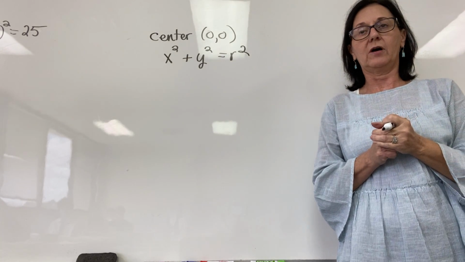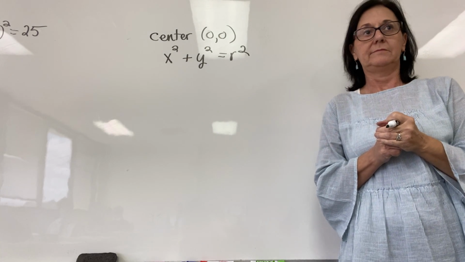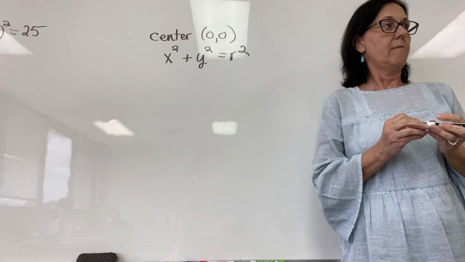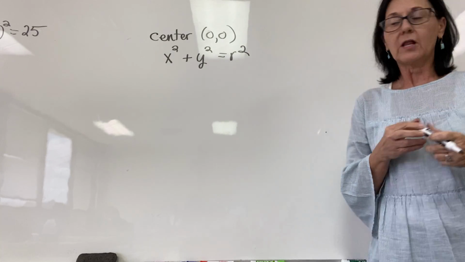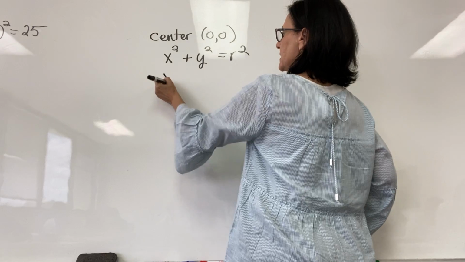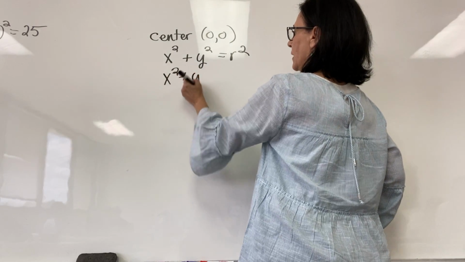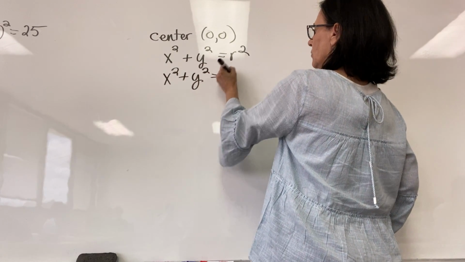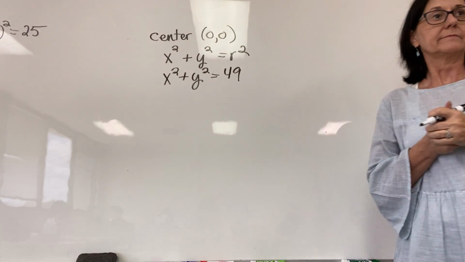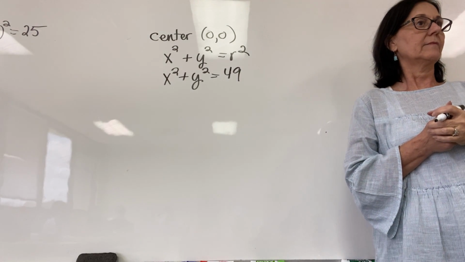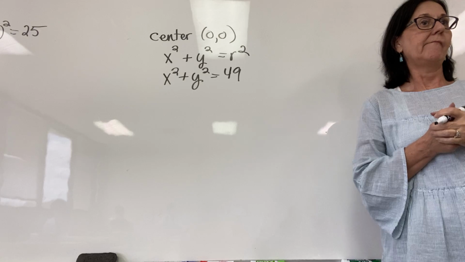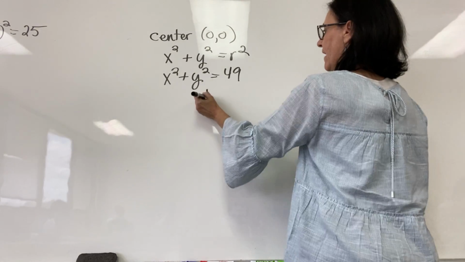This is not on your sheet. Like number 1 on your sheet is x squared plus y squared equals 49. What's the radius? The radius is 7.